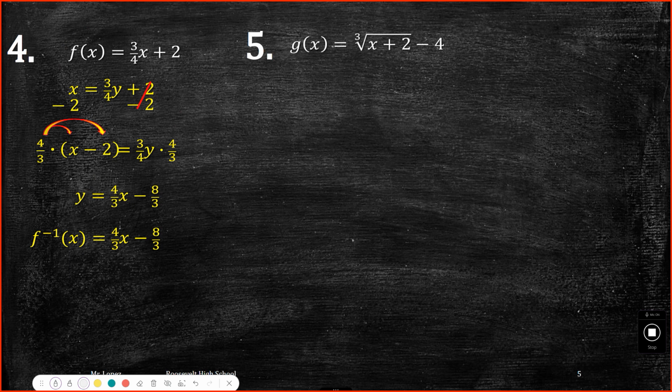Last one. Yeah, this got to be the last one. Number 5. G of x is y.